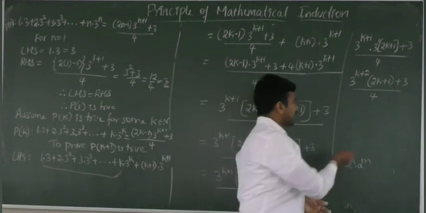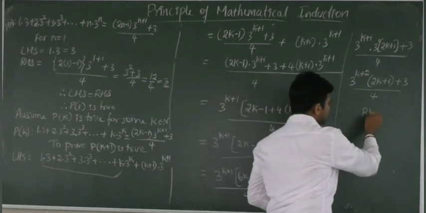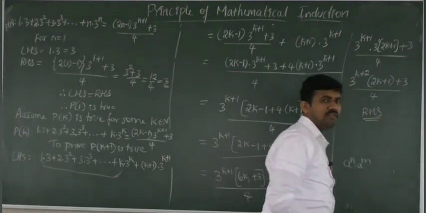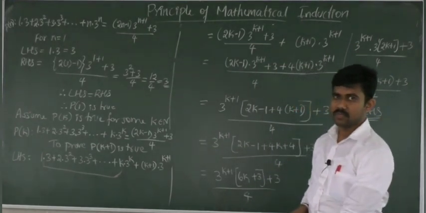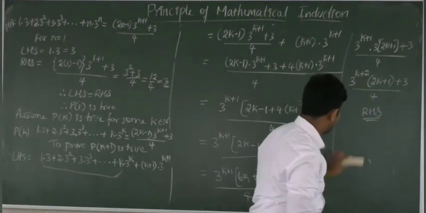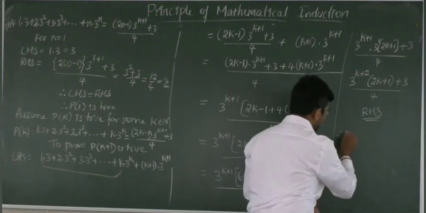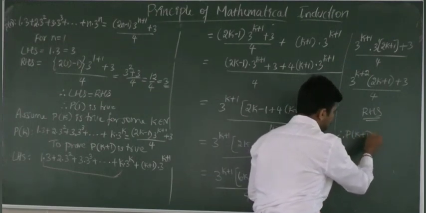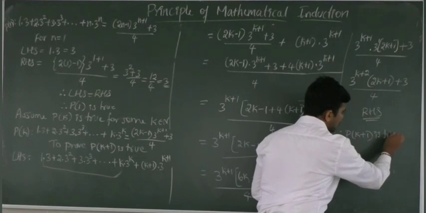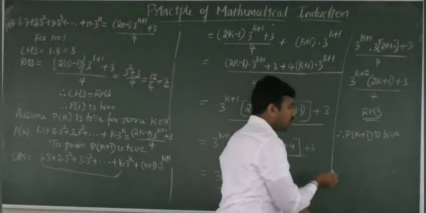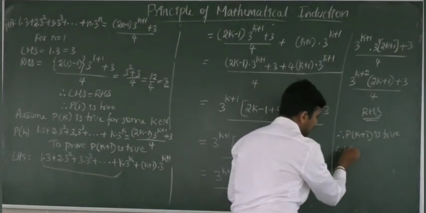So clearly we can observe here, this is our right hand side of P of k plus 1. Therefore we can say P of k plus 1 is true.